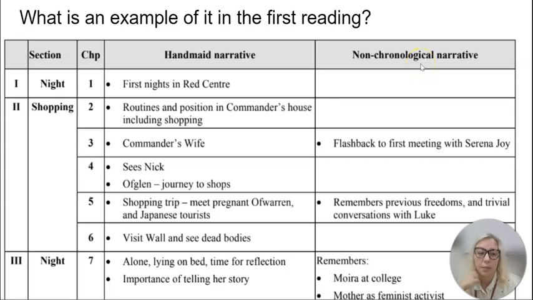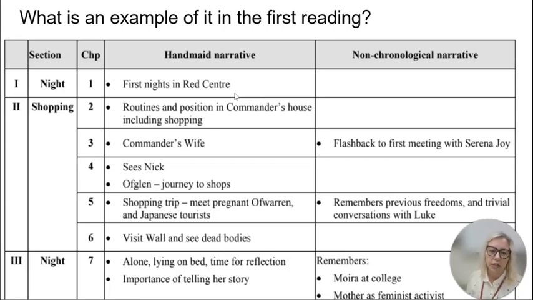So here are some examples, and if you want to use any of these for your should-do examples on the following page, you sure can. But you also don't have to write all of these down, okay? So the first section is Roman numeral 1, named Night, and you can see there's only one chapter, and it's the first nights in the Red Center.